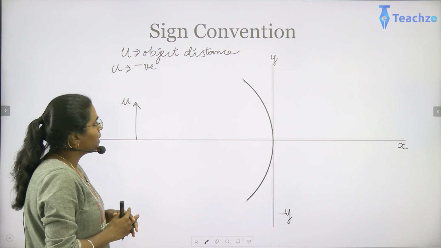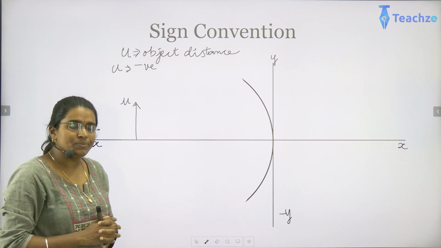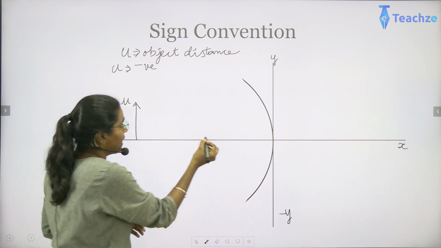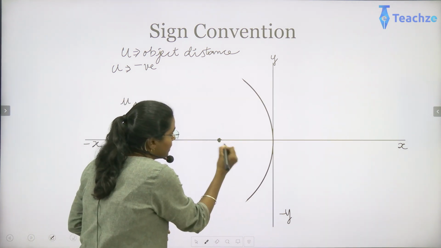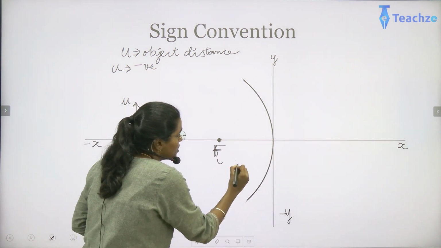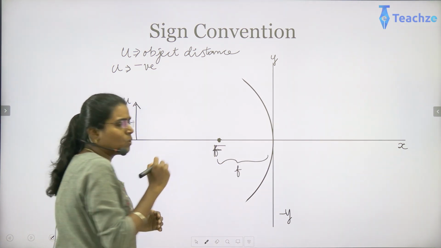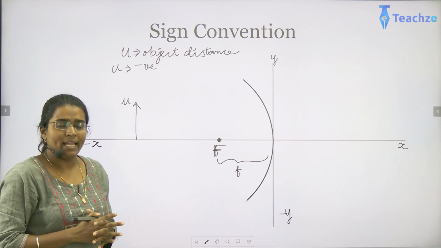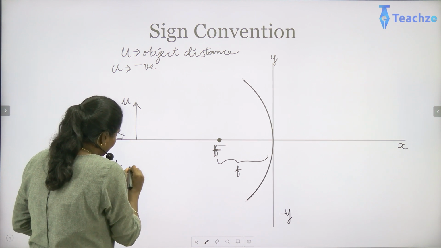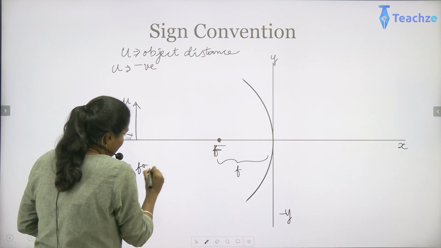Good. Now, what about the focal length? Will that also be negative? Because the focal length, we say that it is here, in front of the mirror, the focus. So this will be the focal length. So the focal length will also be negative, but for which mirror?